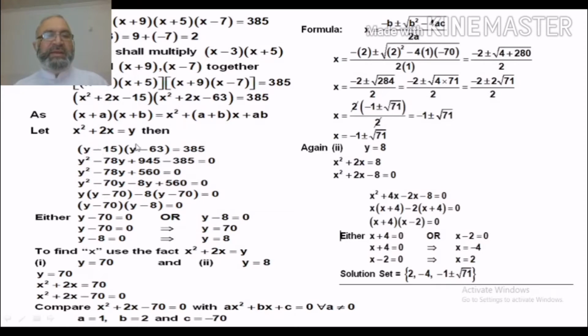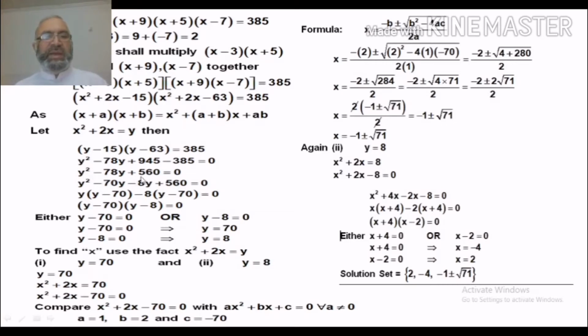Simplifying and multiplying these two factors, we get y square minus 78y plus 945, and transferring 385 to the left hand side equal to 0, thus we get y square minus 78y plus 560, since 945 minus 385 becomes 560. So this is a quadratic equation in variable y, in the standard form of a quadratic equation.